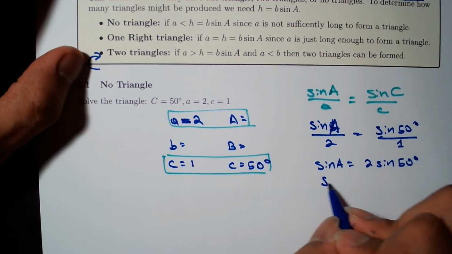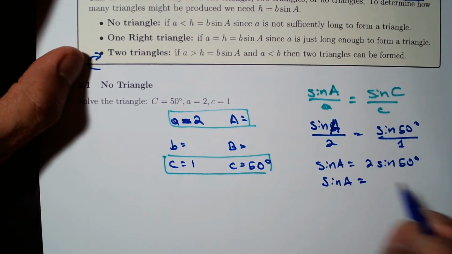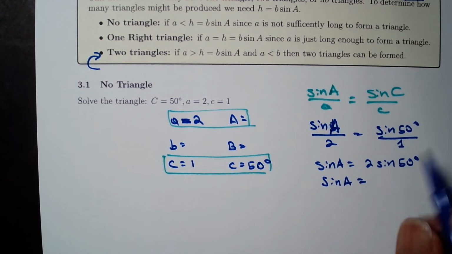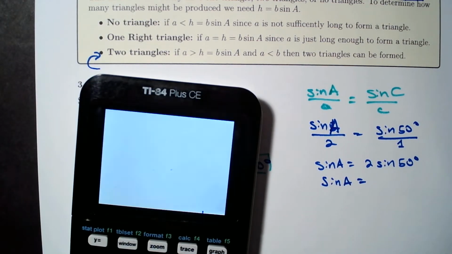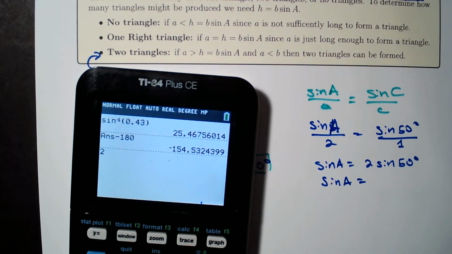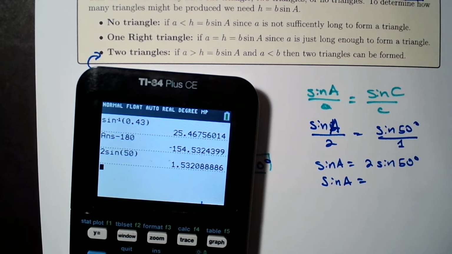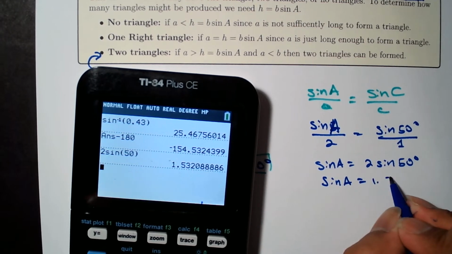And well, sine of A equals... let's use the graphing calculator for this, 2 sine 50. We get 1.53.